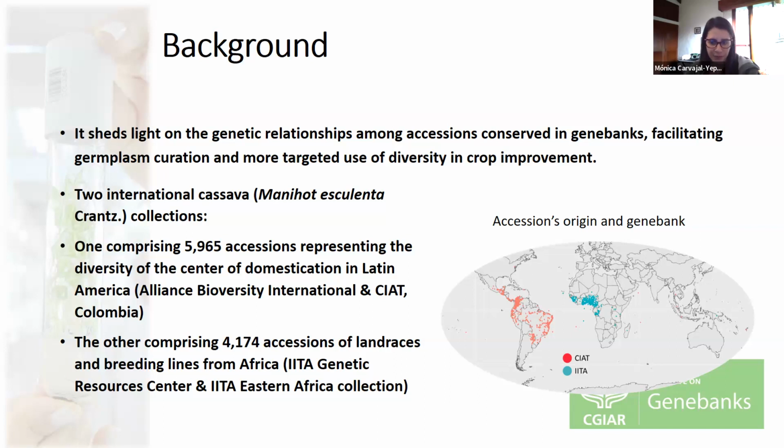Most of the crop diversity is conserved in 2 international gene banks. One comprises almost 6,000 accessions and is conserved at the Alliance Bioversity and CIAT. And the other collection is conserved by IITA in Africa, and it comprises a bit over 4,000 accessions.